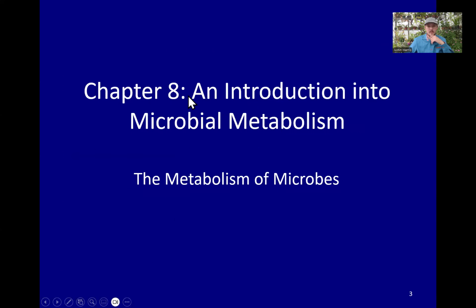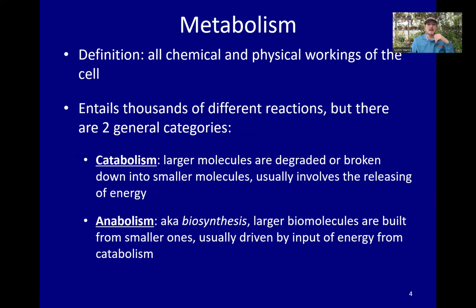And so with that, let's get started in chapter 8, where metabolism is the culmination of all of the different chemical reactions that happen within the cell to maintain homeostasis and keep the cell living. These metabolic pathways are not just one or two.